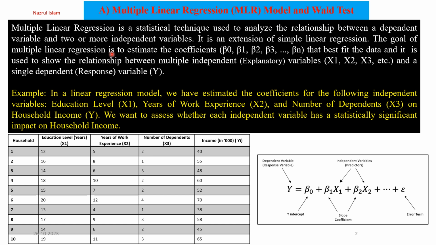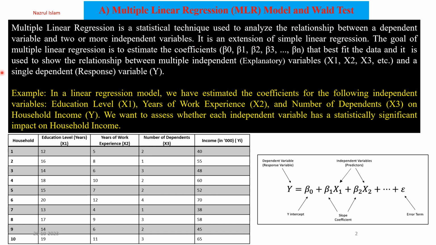First, we have to define multiple linear regression and discuss it, and afterwards we will test the Wald test. Multiple linear regression is a statistical technique used to analyze the relationship between a dependent variable and two or more independent variables. It is an extension of simple linear regression.